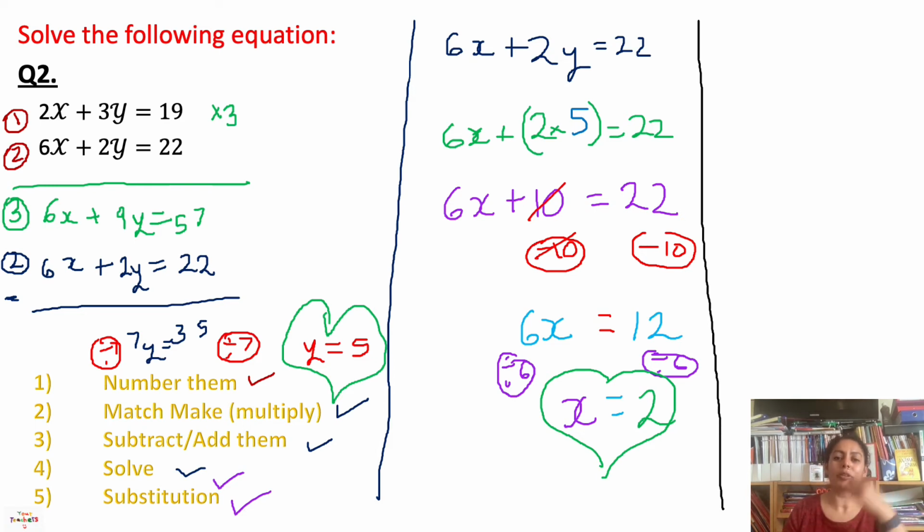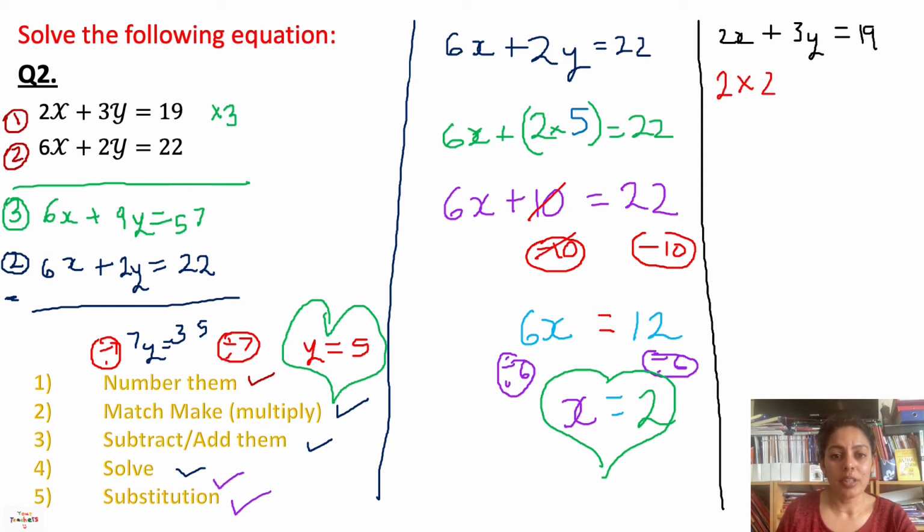So this time I want to substitute. I want to make sure that this is right. I want to test myself and see if I've got this. So let's do number 1: 2x plus 3y equals 19, right? And we know that x equals 2, so this is 2 times 2.